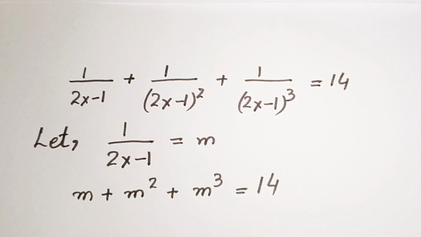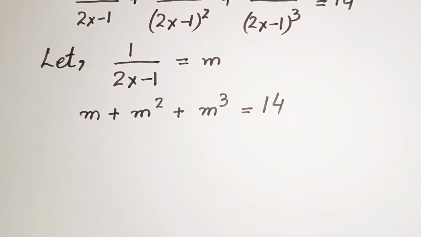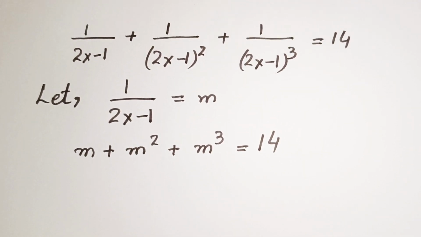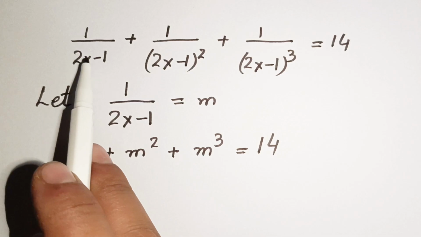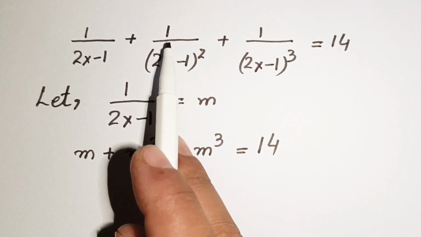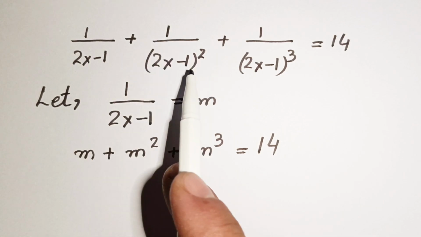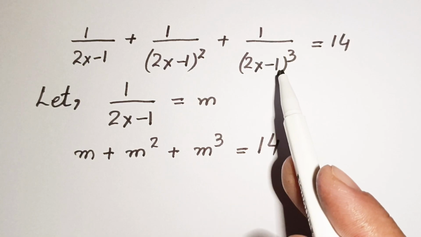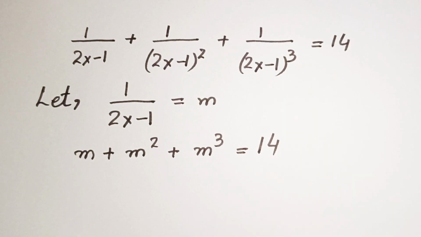We can also write this step as 1 over (2x minus 1), 1 over (2x minus 1) whole squared, and 1 over (2x minus 1) whole cubed, so there will be no difference.